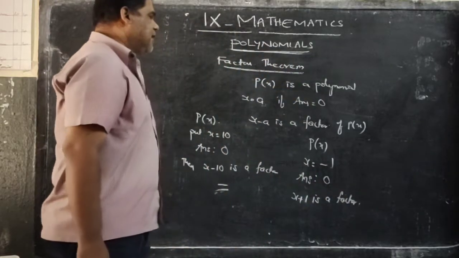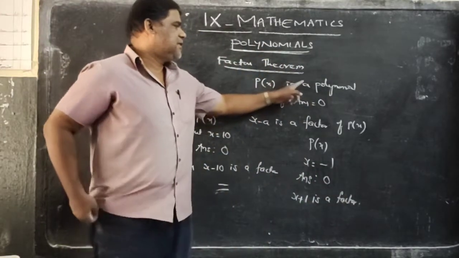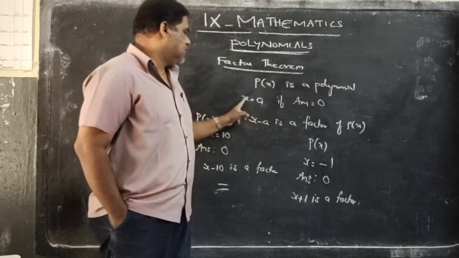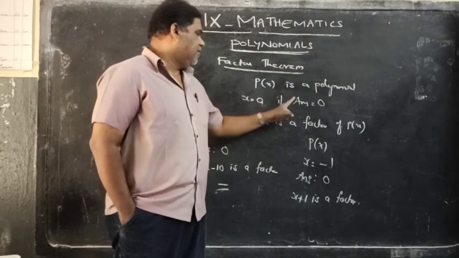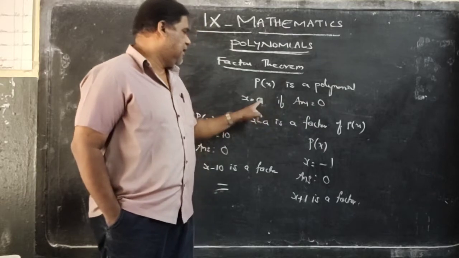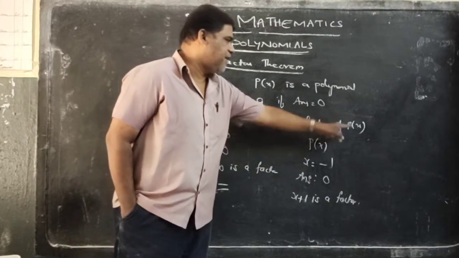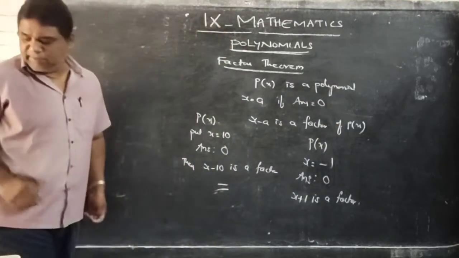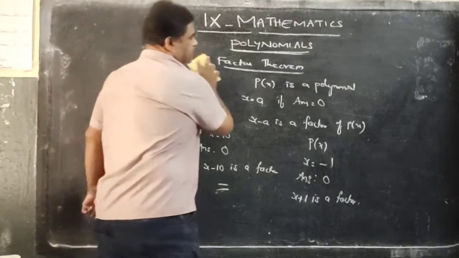So this is called the factor theorem. P of x is a polynomial, on substituting x is equal to a, we got the answer 0, then x minus a is called a factor of p of x. This statement is called the factor theorem.